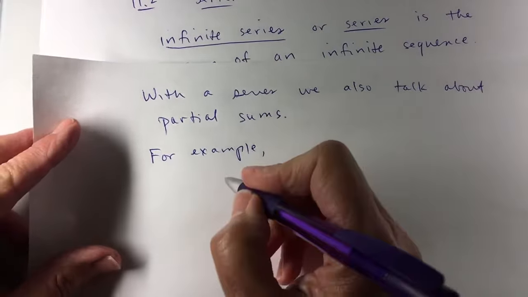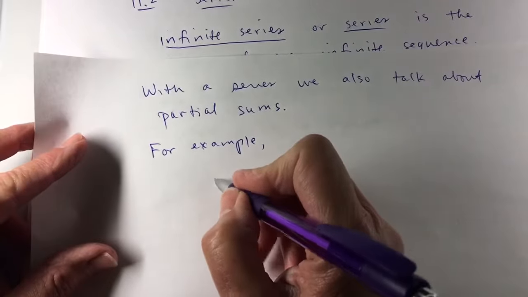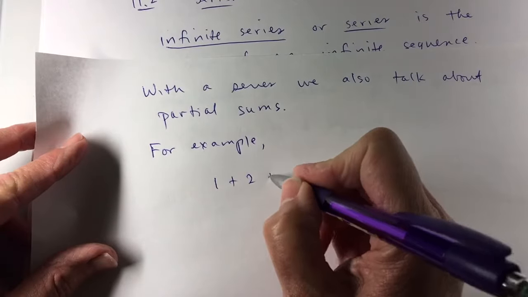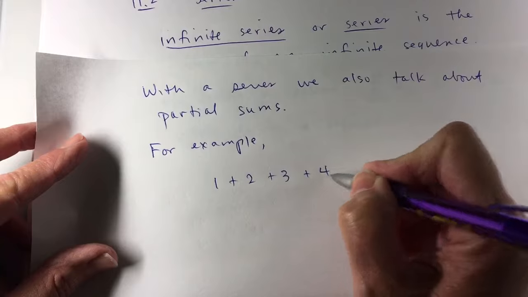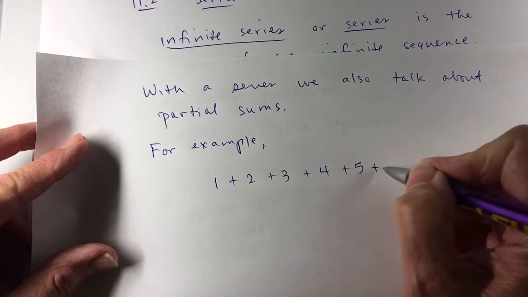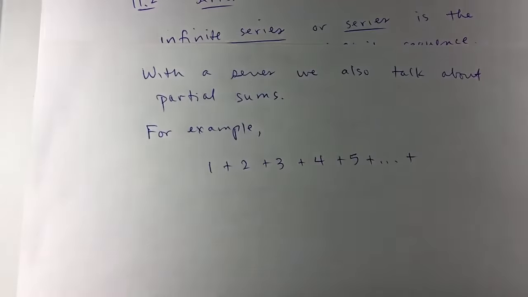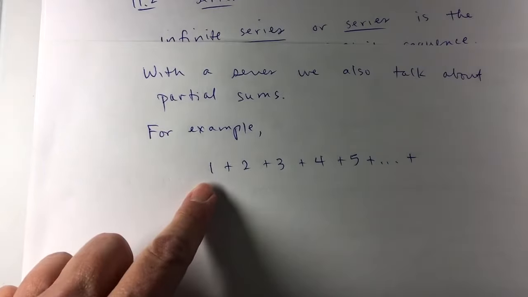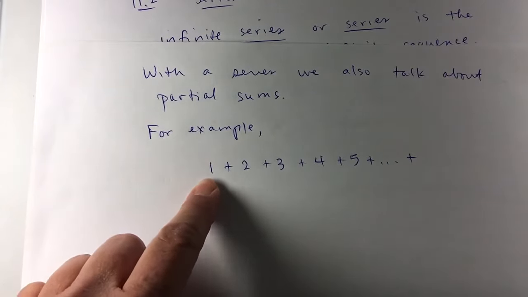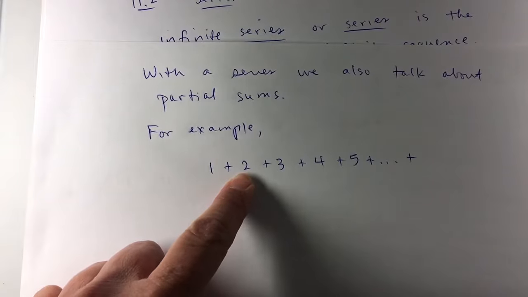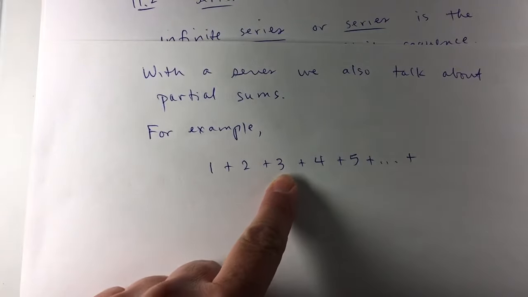So here's a series: 1 plus 2 plus 3 plus 4 plus 5 plus ... What would an expression for the nth term be? When n is 1, the term is 1. When n is 2, the term is 2. When n is 3, the term is 3.